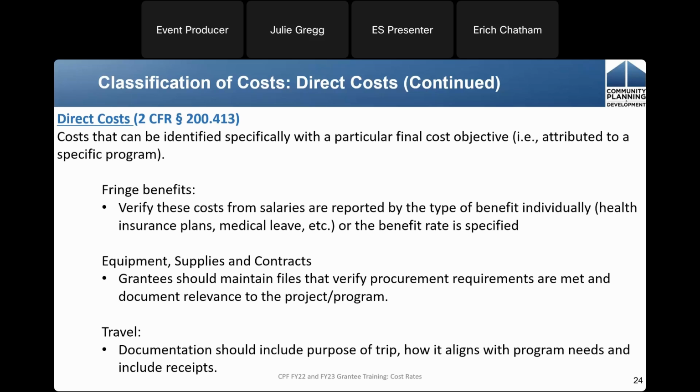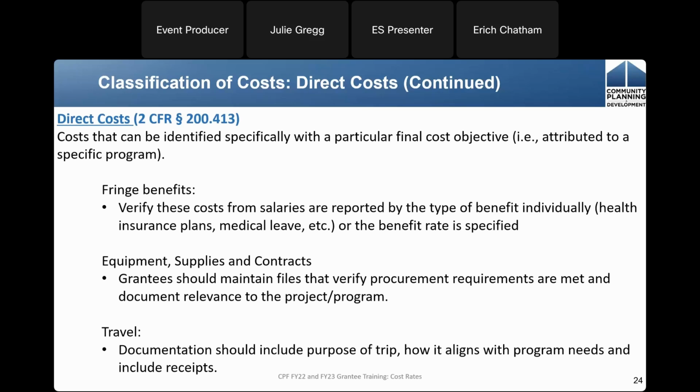If those are some of your costs, and we know it is for many of the grantees on the call today, you need to maintain files to verify first your procurement requirements are met and the relevance to the program, and that the equipment or supplies and contracts are directly allocable to the CPF grant.